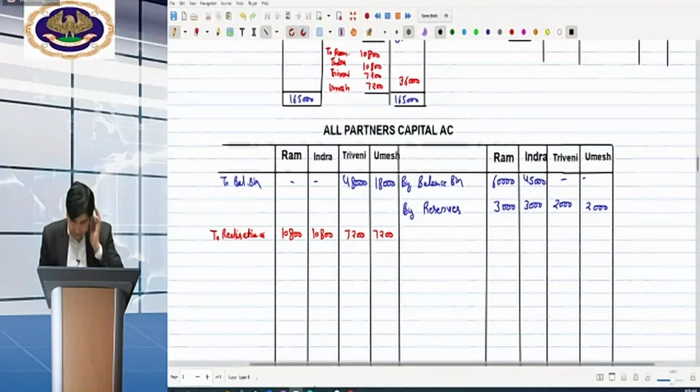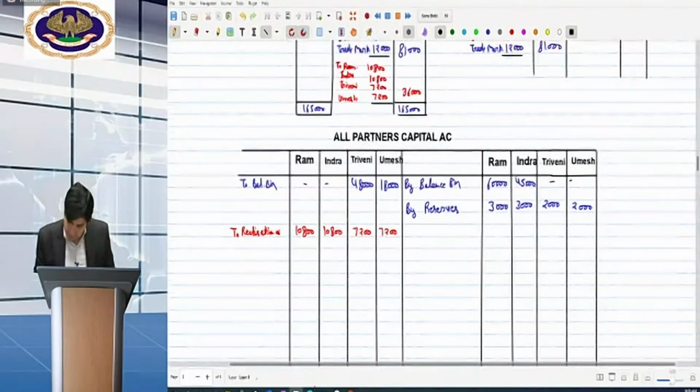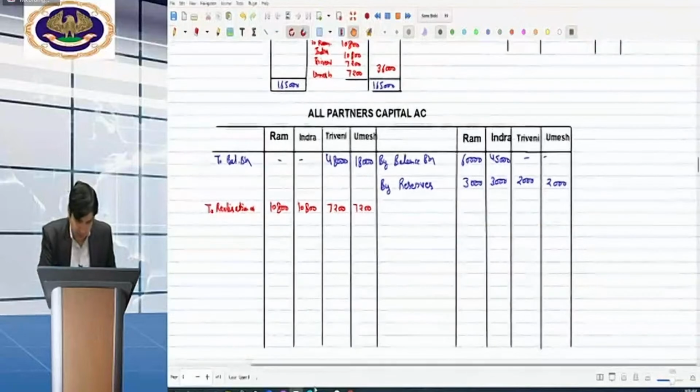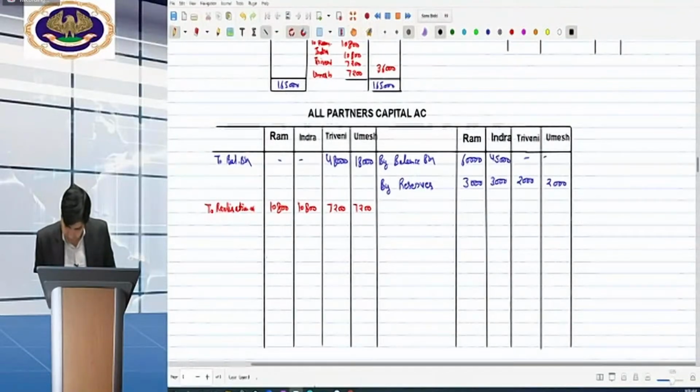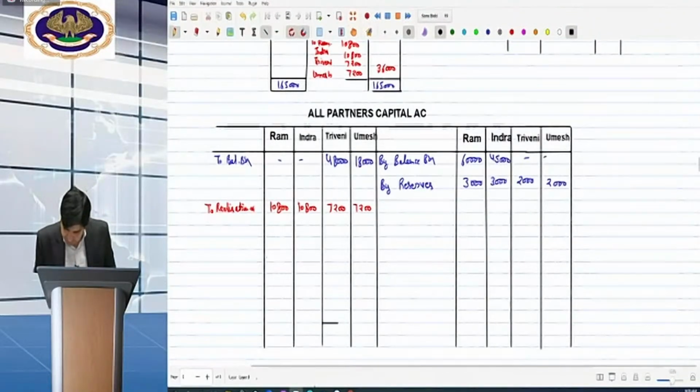The loss is to be decided, so we are closing first the ledger of Triveni. I am preparing a smiley, but please don't try this in the exam. That is very harmful, unfair means.